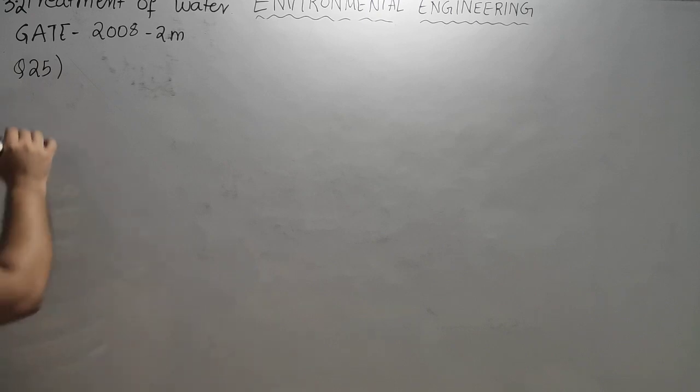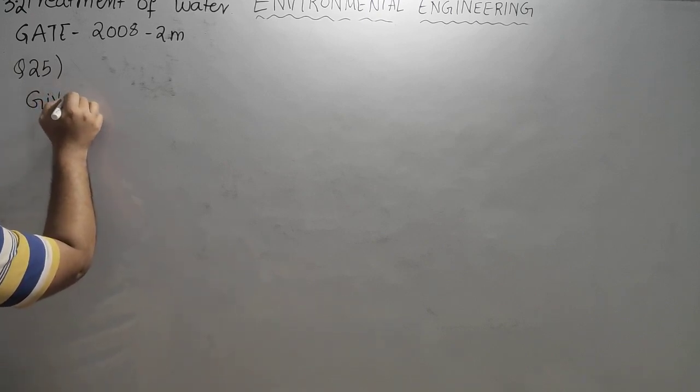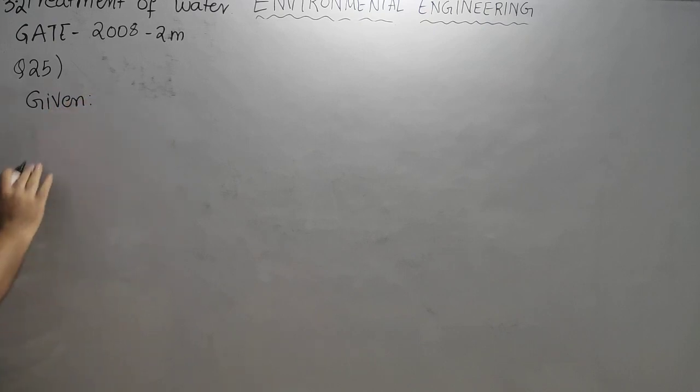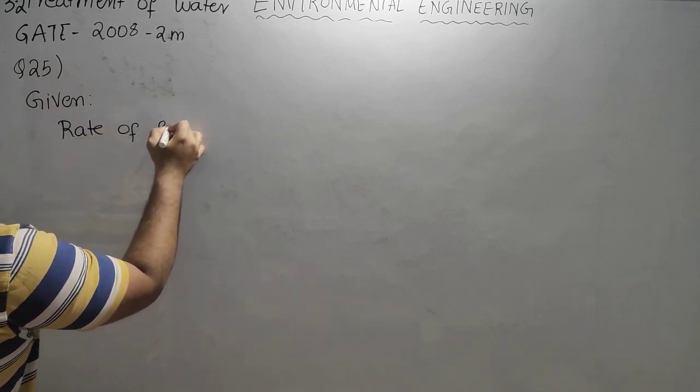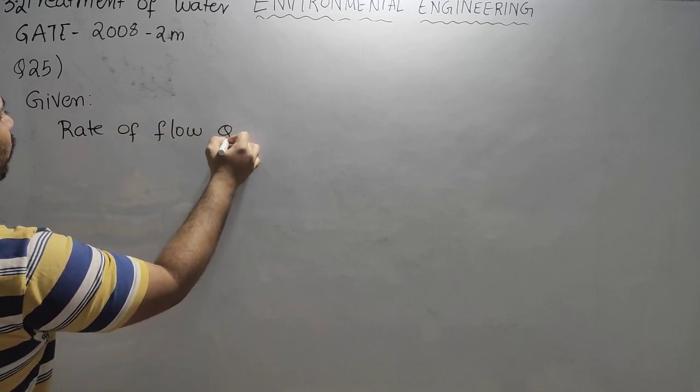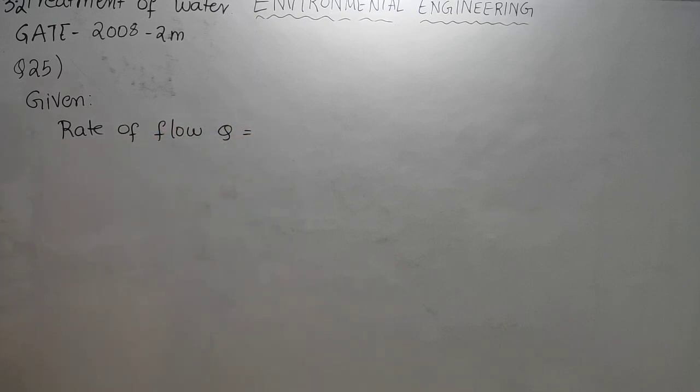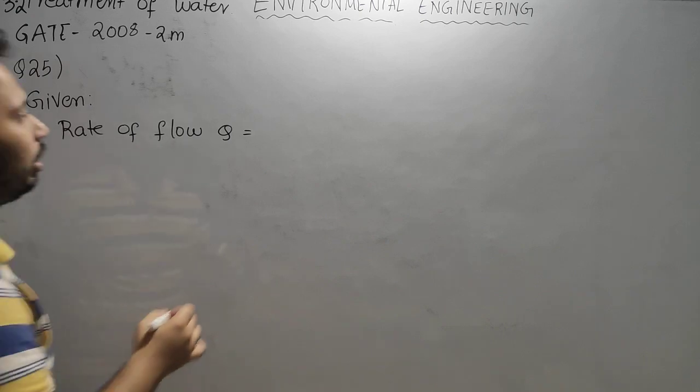So what is the given data? The rate of flow Q is equal to 28,800 meter cube per day.